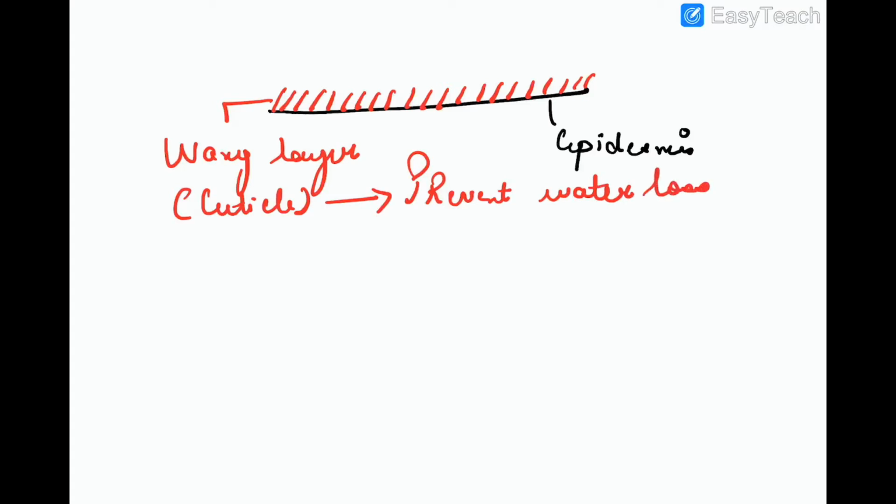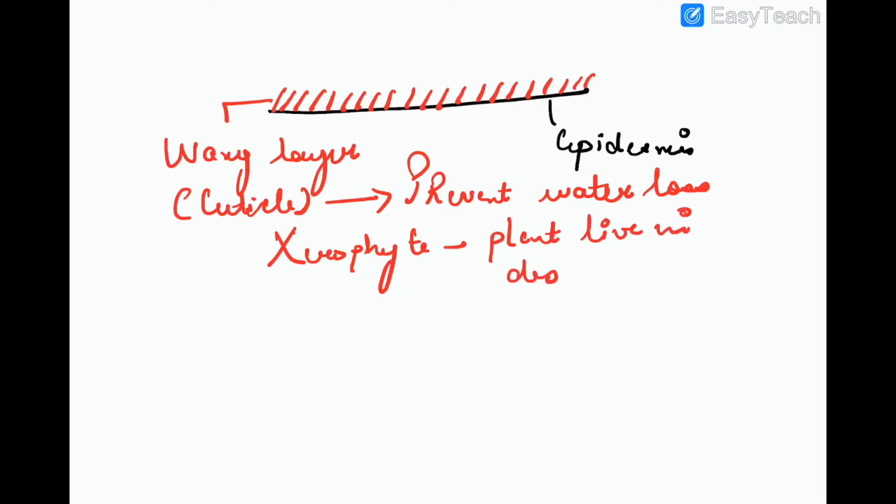This type of cuticle, which lies over the epidermis, is present in xerophytes, the plants which live in desert conditions, because they need to prevent water loss, as in deserts water is already very scarce. So they have an outermost waxy covering called cuticle to prevent the water loss.